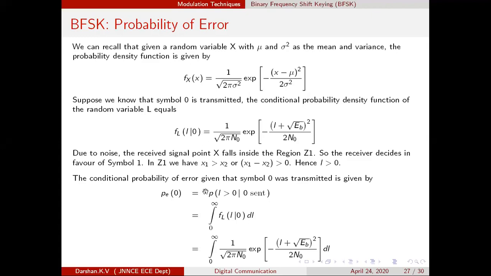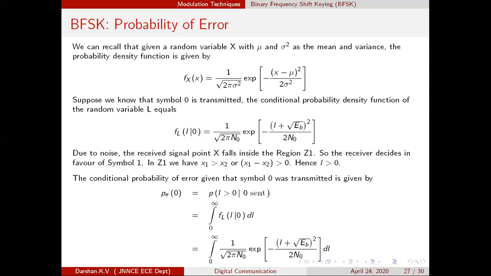You will come to know in the further equations. What is the condition? 0. The PDF is used to obtain the probability of error. That is why we are writing the formula of the conditional probability density function.